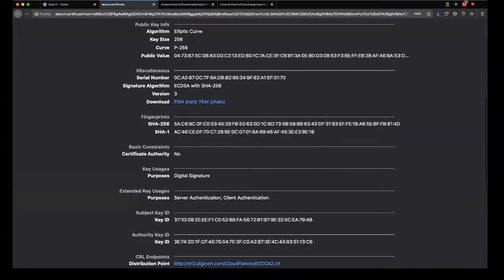So in addition to that, you can see it's got two fingerprints here, SHA-256 and SHA-1. These are two different hashing algorithms. So part of the idea of this is it's going to share that hashed result of our certificate. And this is another way to build up that trust.